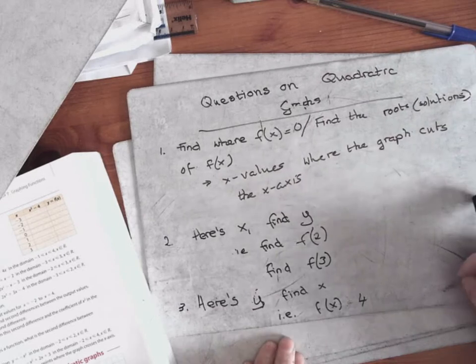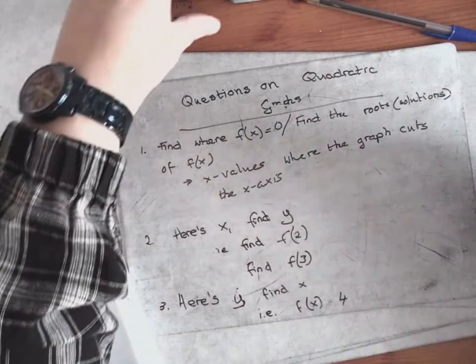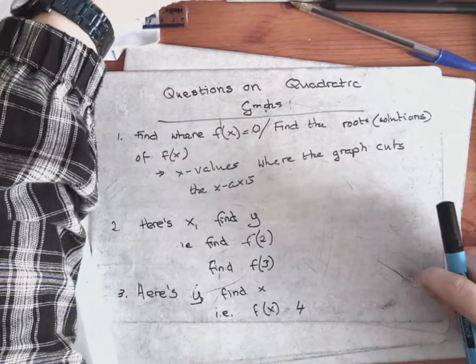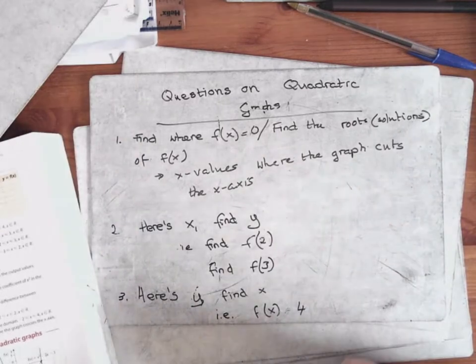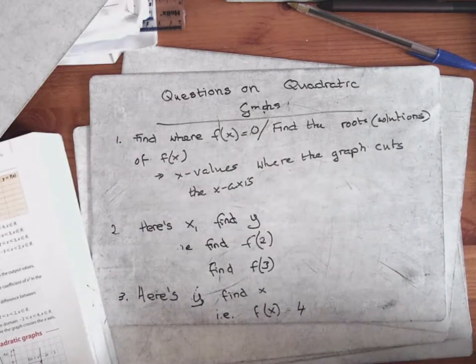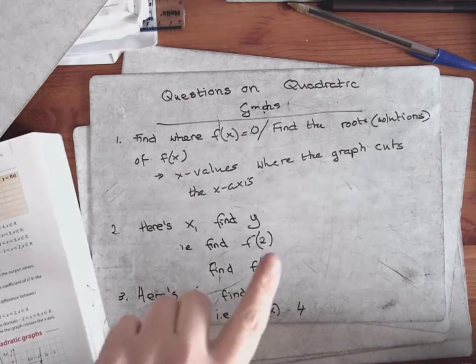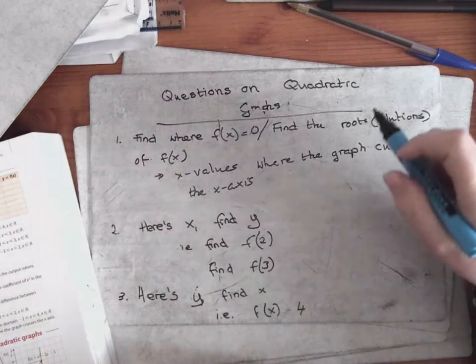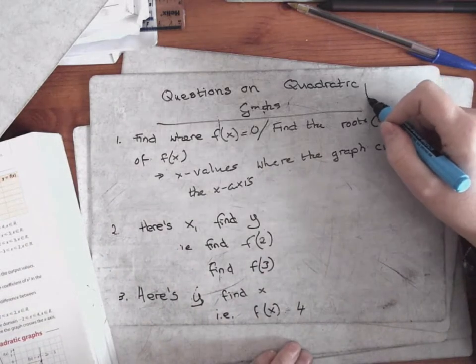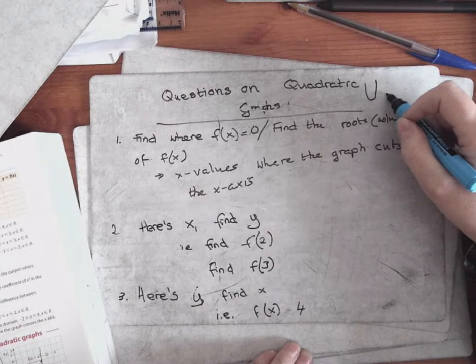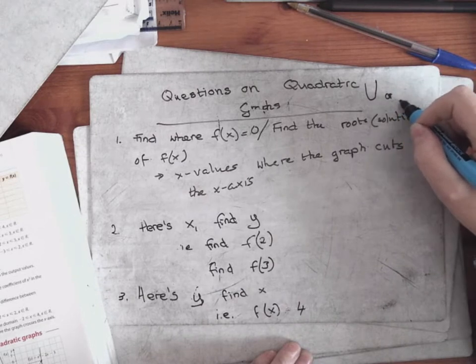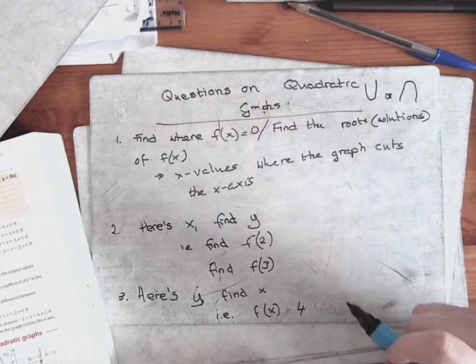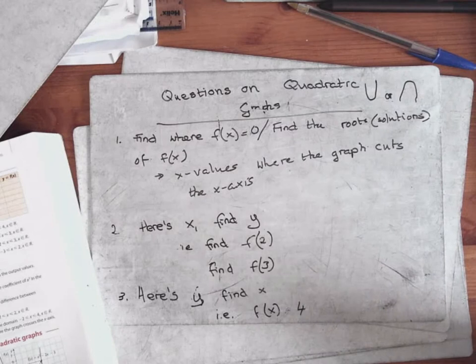So the questions, for questions on quadratic graphs, and if I move this over, it'd be better. So this is for your notes: questions on quadratic graphs. Remember, a quadratic graph is a U or an N-shape. Smiley face or a sad face?